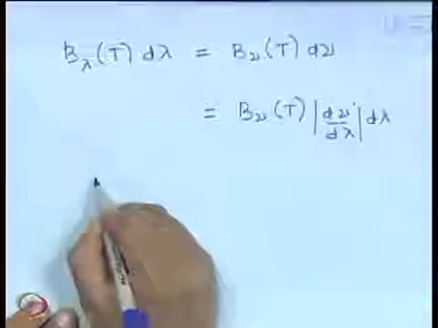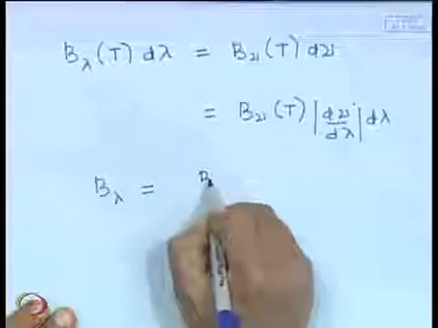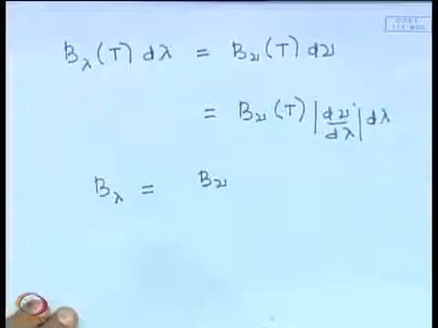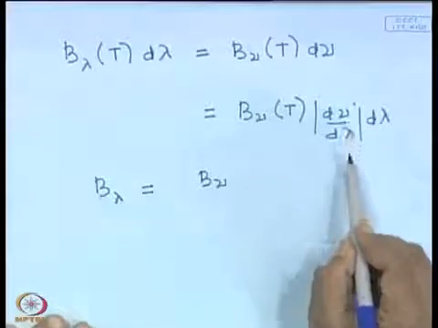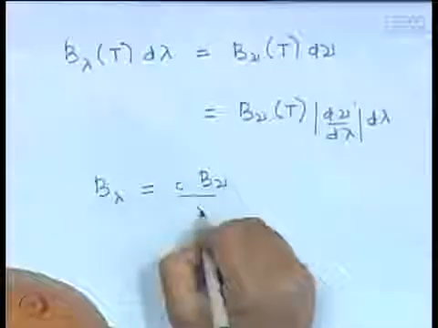So, B lambda is equal to B nu, and if you differentiate nu with respect to lambda, you will get C by lambda square.